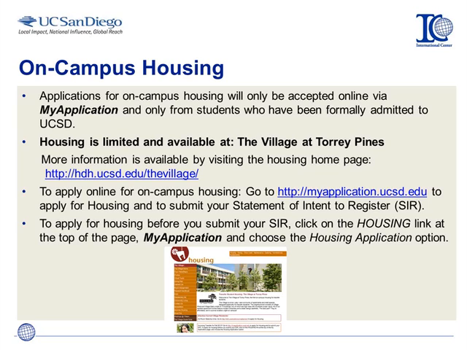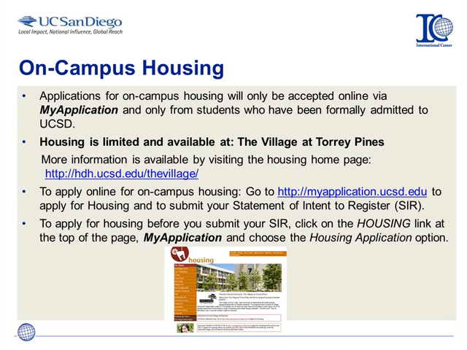The Department of Housing and Dining Services operates several housing complexes in an effort to provide the greatest degree of flexibility for students selecting their residence. Applications for on-campus housing will be available, again, through My Application. Housing is limited.